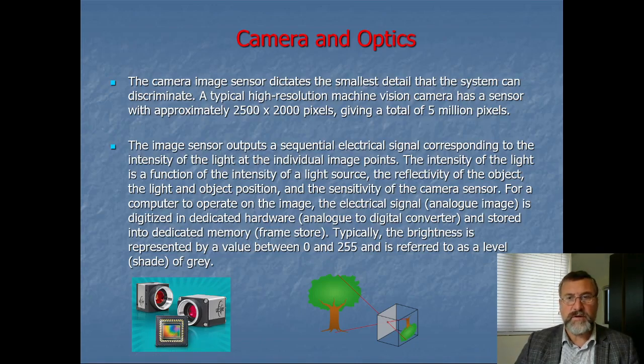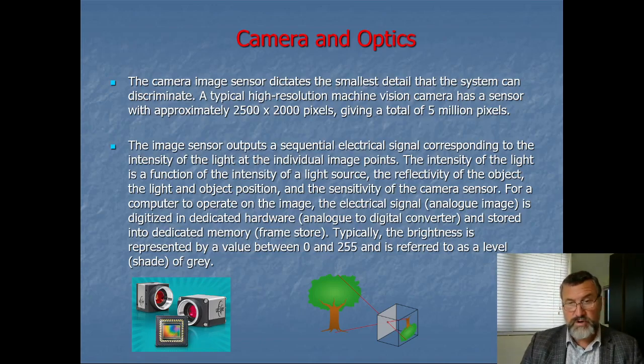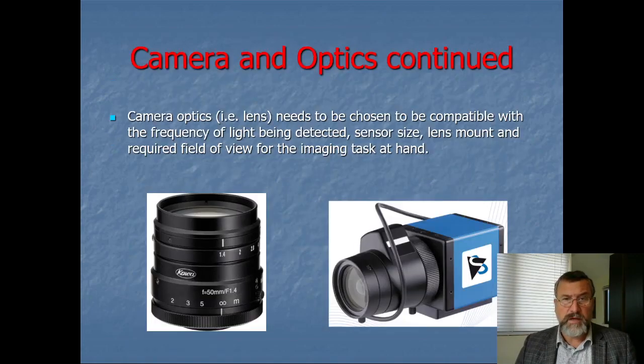We used to have a crazy setup years ago where we had a digital camera, if you can believe this, with a digital to analog converter, then a TV standard running to a frame grabber in the computer, which then converted the analog signal back to a digital one. And this was a bit crazy. So nowadays everything's digital, right from the camera all the way through. You wouldn't want to use a TV standard nowadays.